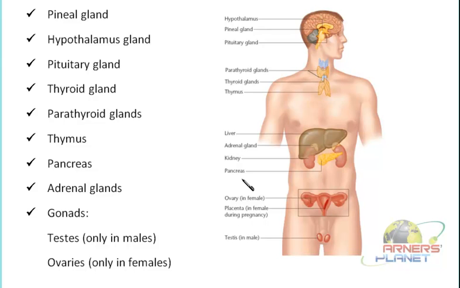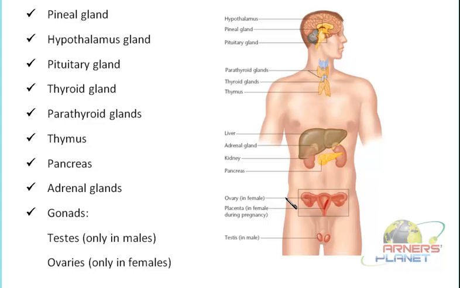Kidney is not a gland. And one more thing, the liver is not an endocrine gland. It is an exocrine gland.